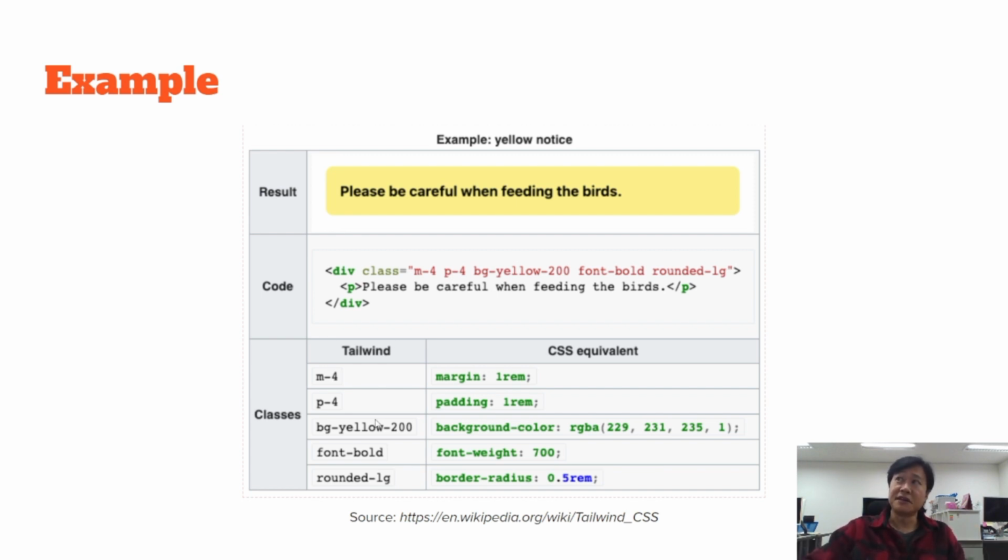But other things like font-bold is 700. What about 600? What about 800? And then as you go to 900, you've got extra bold and whatnot. Rounded-lg for large is a border radius of 0.5 rem, which ends up being 2 pixels. No, is that right?